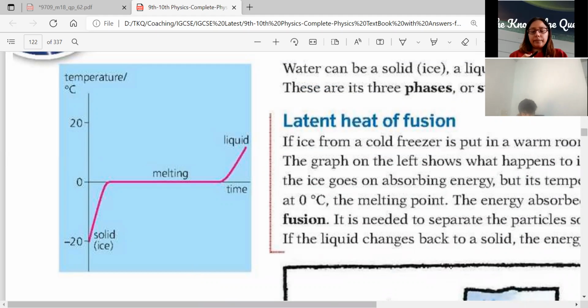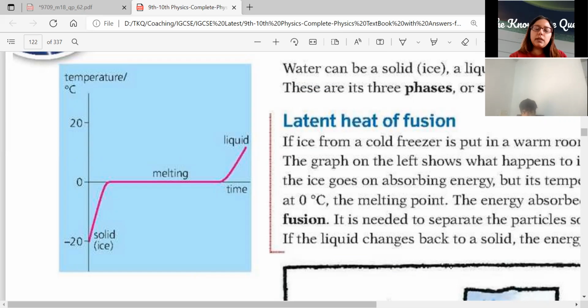You had ice, you're heating the ice. When you're heating the ice, obviously the temperature of the ice is increasing. Suppose it was at minus 20 degrees Celsius. Now you're increasing the heat. Ice is slowly breaking the bonds inside, and the temperature is changing.